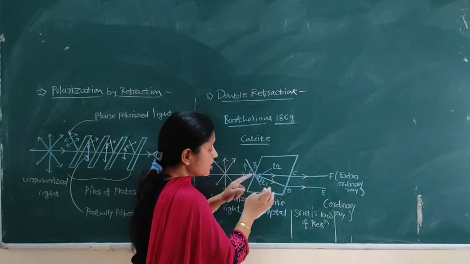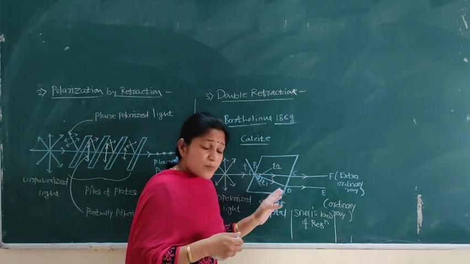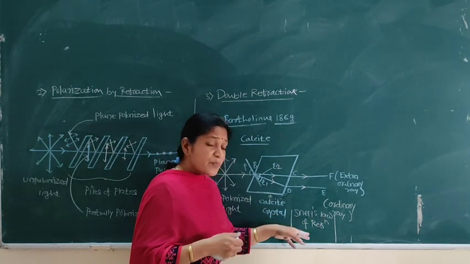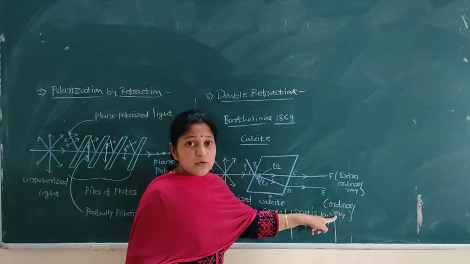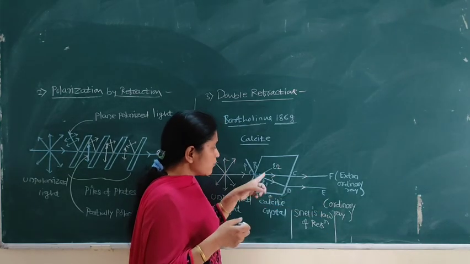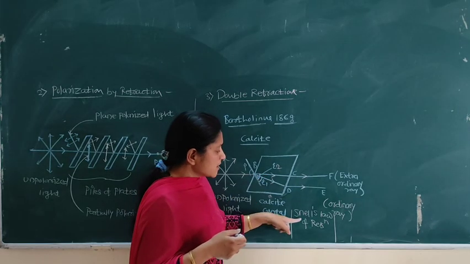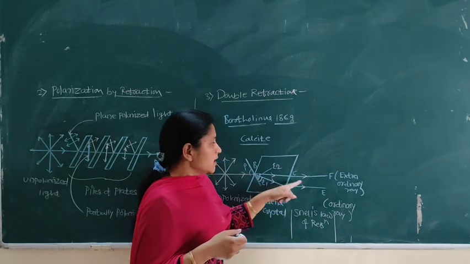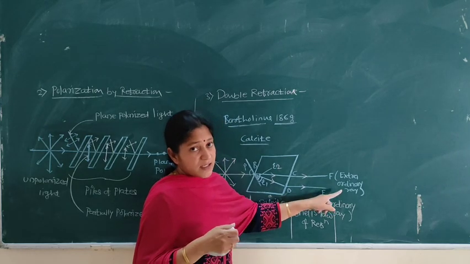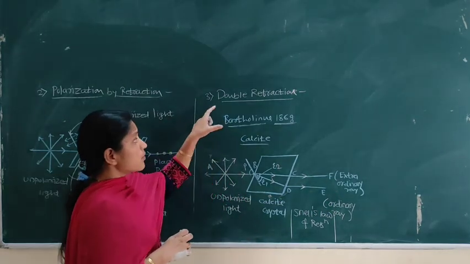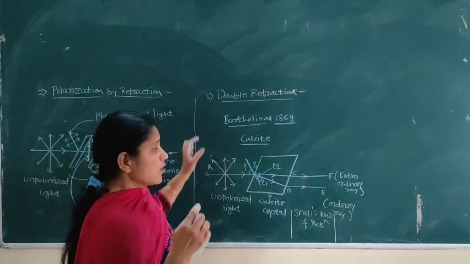The ray which obeys Snell's law of refraction is called an ordinary ray, or O ray. The ray which does not obey Snell's law of refraction is said to be an extraordinary ray, or E ray. Understood? So this is about double refraction. Okay, now next.